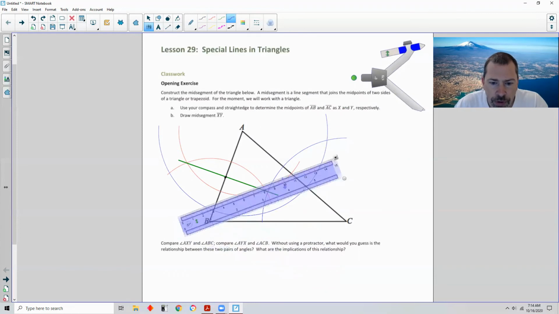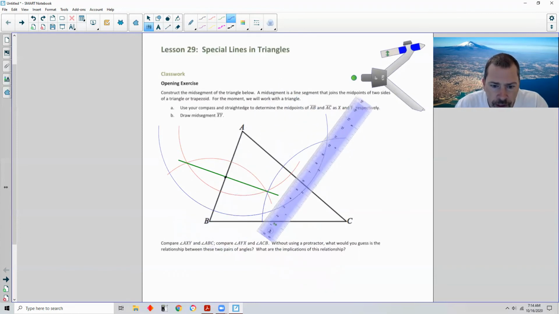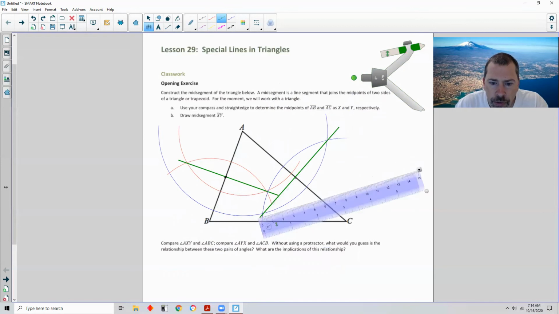Now I bring my ruler over and I draw a line segment that goes from intersection to intersection. And then I draw a segment through those intersection points. So here is my midpoint of AC.